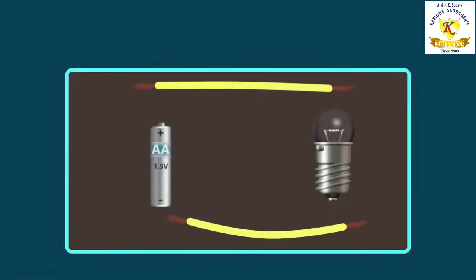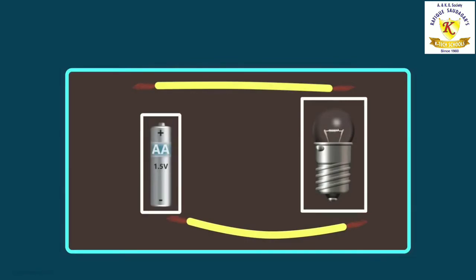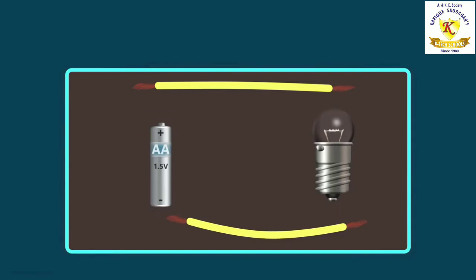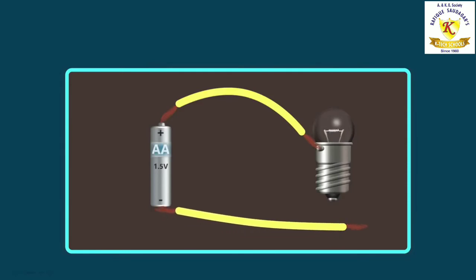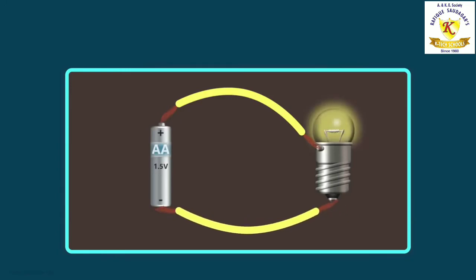Now let's see how to light up a 2.5 volt torch bulb using a 1.5 volt electric cell in an experiment. We simply have to connect the positive terminal of the cell with any one terminal of the bulb, and finally complete the circuit by connecting the negative terminal of the cell to the second terminal of the bulb.